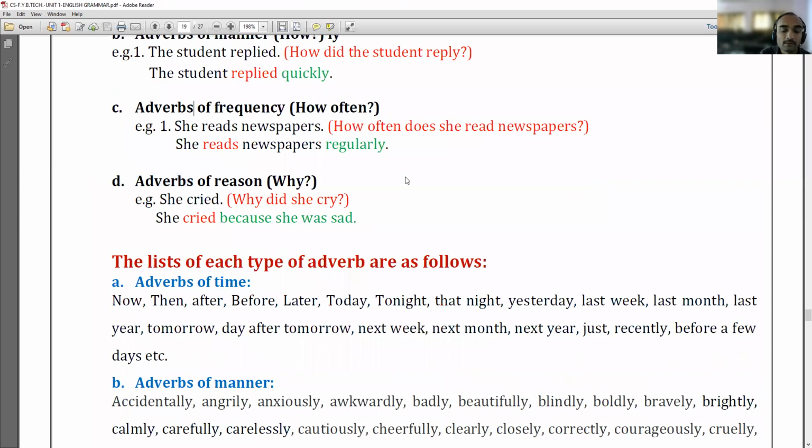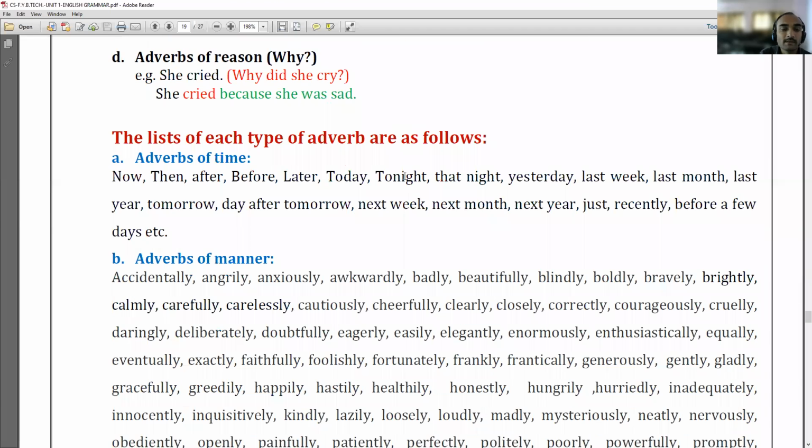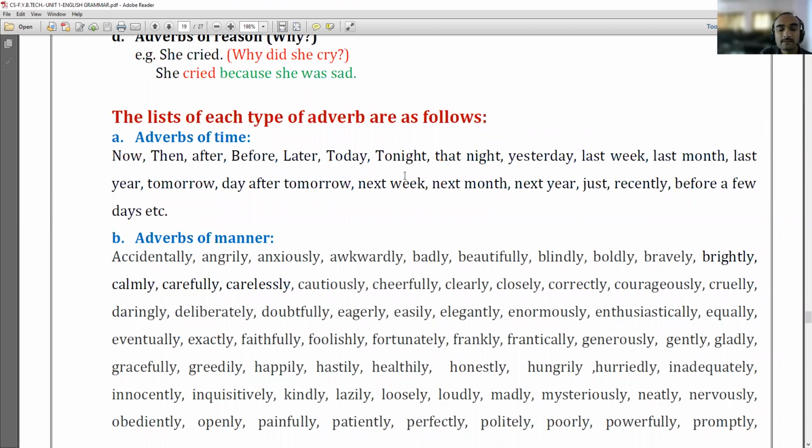Okay, this is the tip. Then let's see the list of each type of adverb. आता आपण लिस्ट बघूयात.